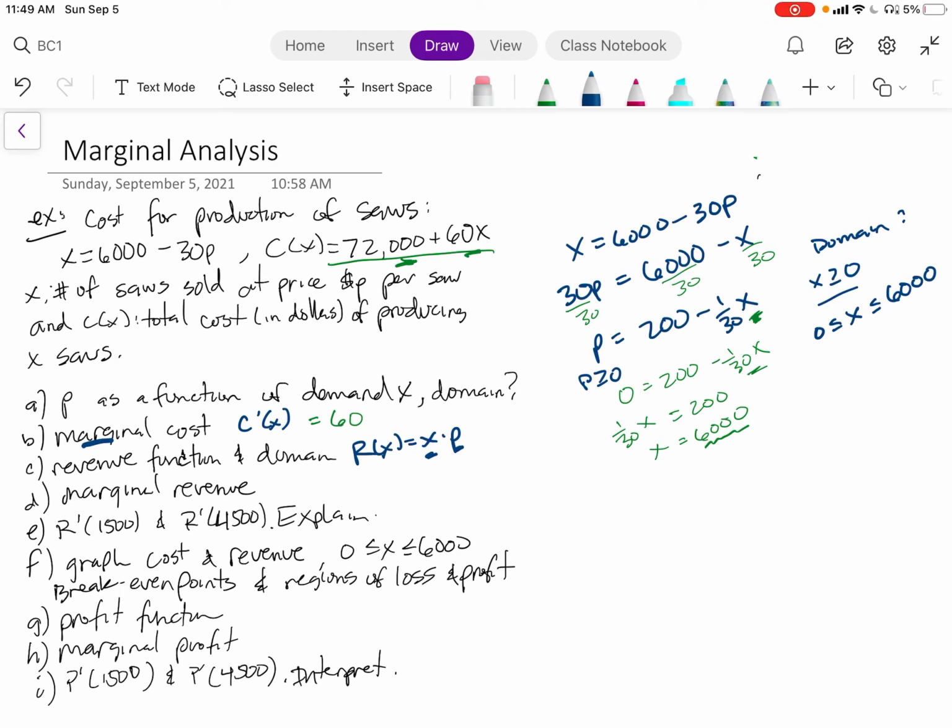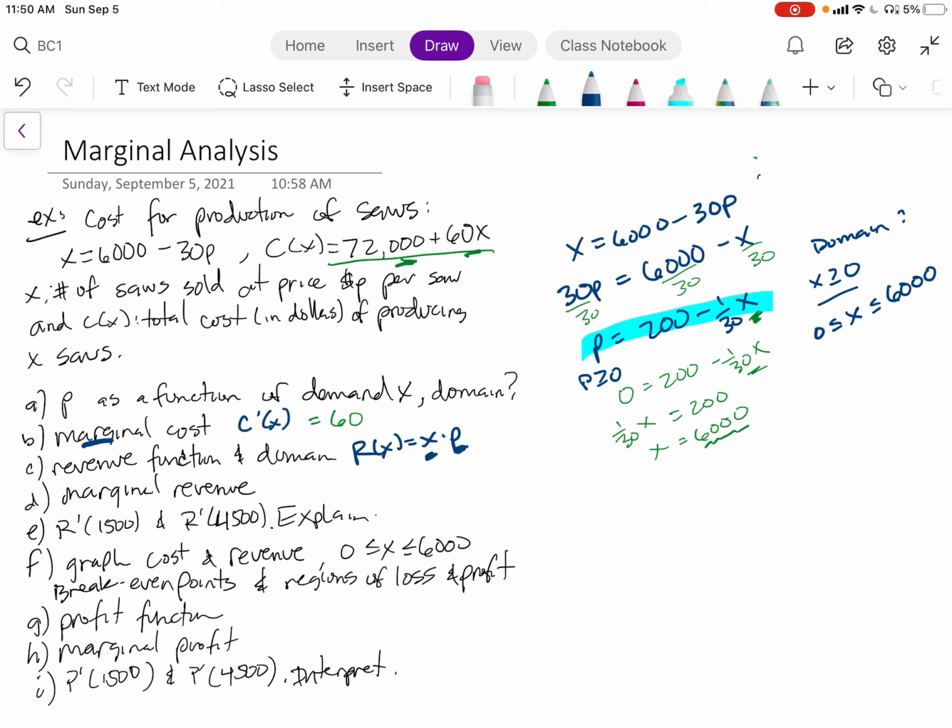If you're selling candy bars at $1 each and you sell 10 of them, then you just do 10 times 1, 10. So now that we have this in terms of functions of X and P, all we need to do is take that P function that we had here and multiply it by X.